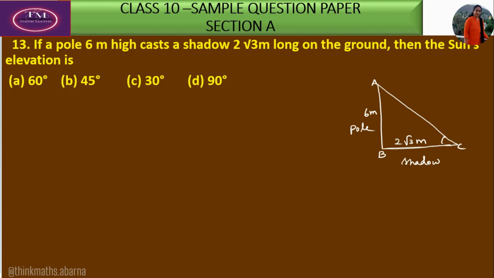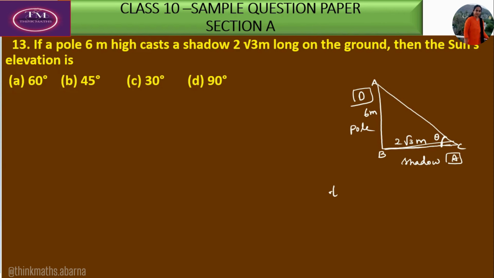So then we have to find out the sun's elevation. From the ground, what is the elevation of the sun? So we have to find out this theta value. So for this theta, AB is the opposite side. And BC is the adjacent side. So opposite side by adjacent side. Which trigonometric ratio matches?